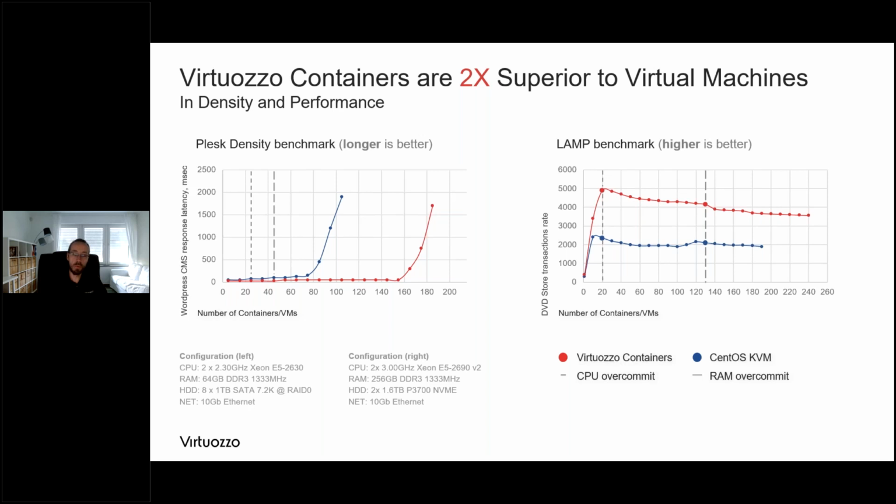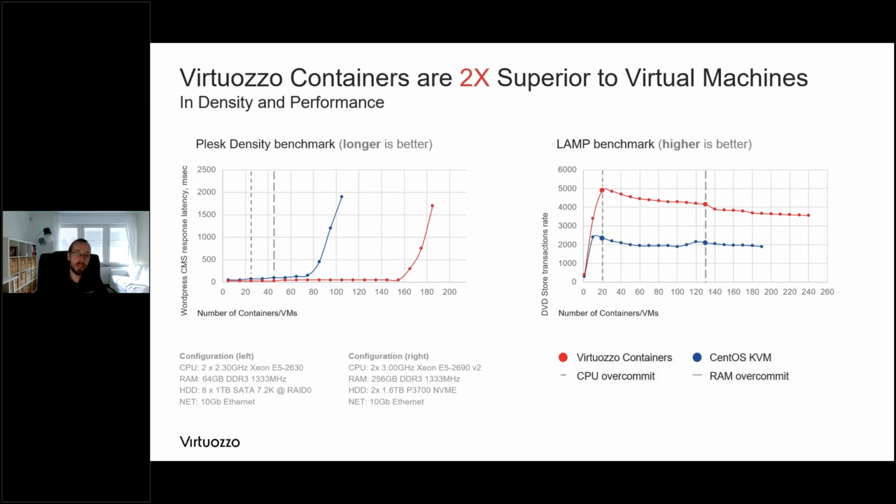The majority of hosting providers sell VPSs or services and give customers access to manage their private server with some control panel, which is mainly Plesk or cPanel. And we test our container patches and our container solution usually against typical service provider workloads, in this case, Plesk and the LAMP stack.